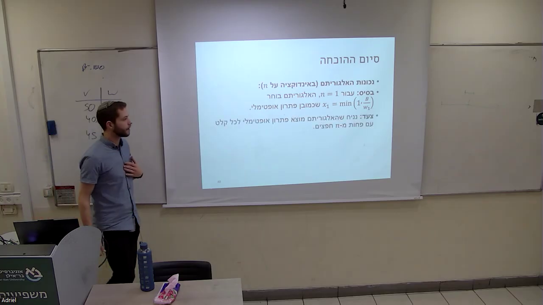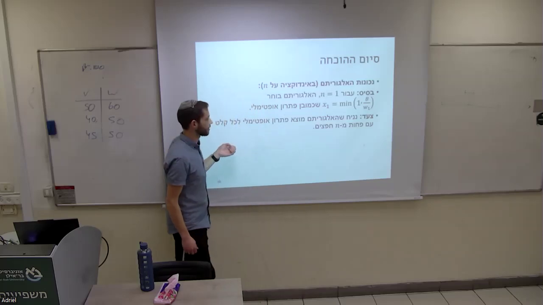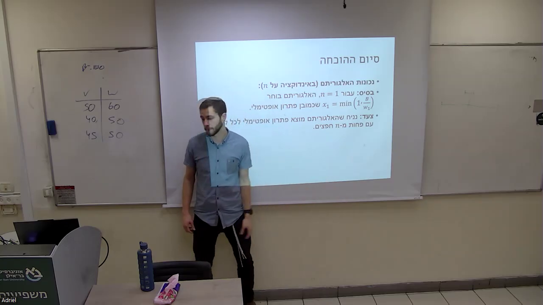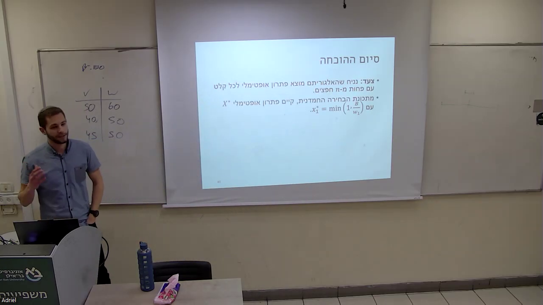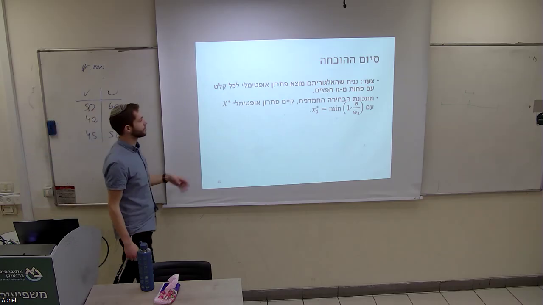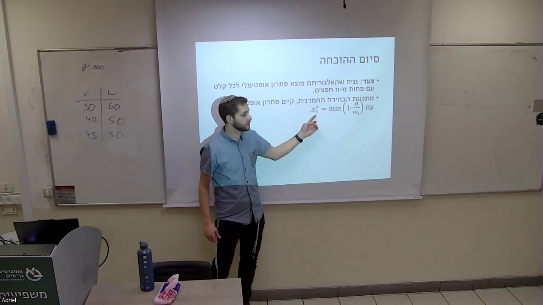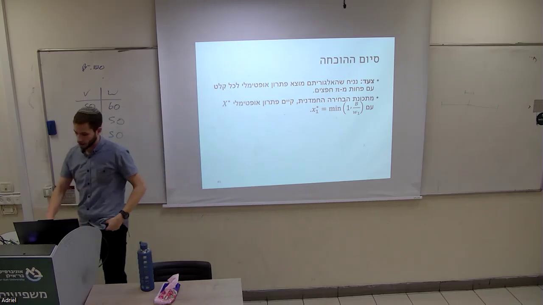And then the step: let's assume that the algorithm finds an optimal solution with an input size of less than n, and we prove it for n. So from the greedy choice lemma, there exists an optimal solution, x star, with the greedy choice, which is x1 star, which is as much as we can from that first item.